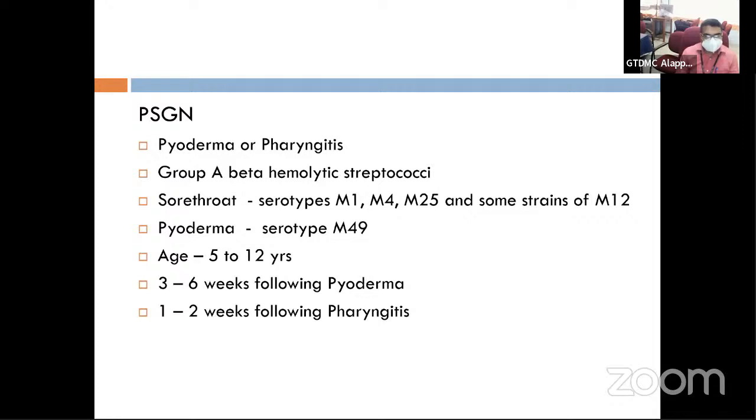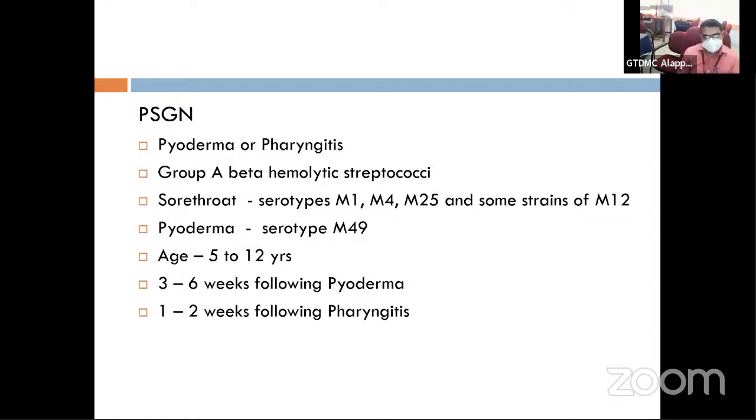It occurs after the resolution of the infection, so there is a latent period from the infection to the onset of PSGN. The common agent is group A beta hemolytic streptococcus.